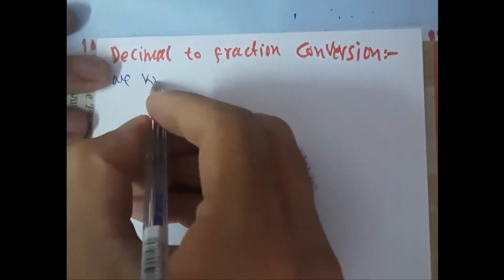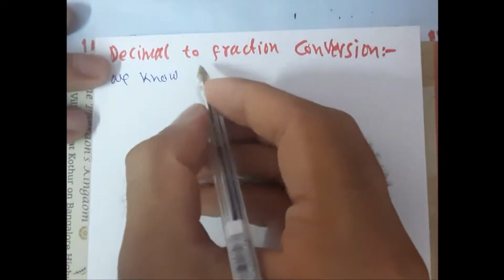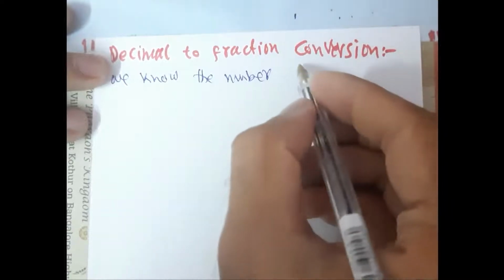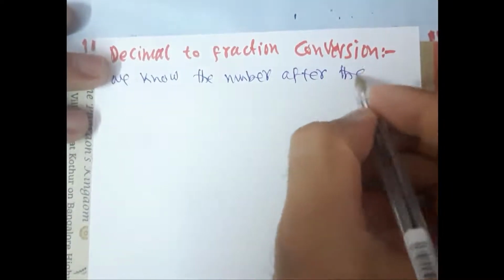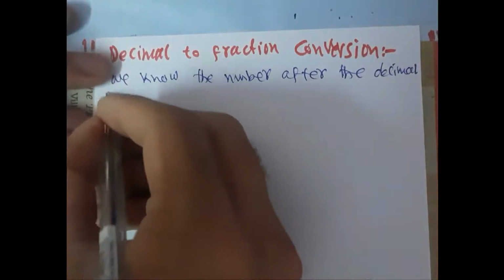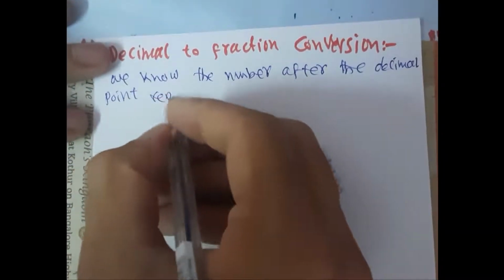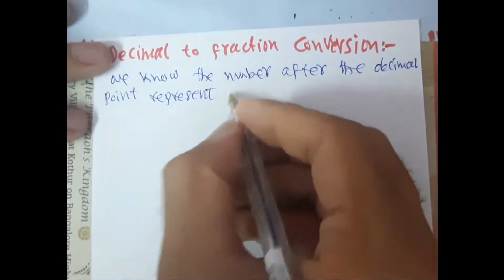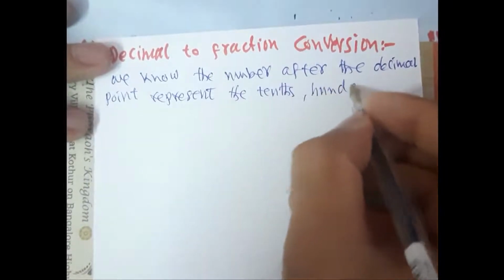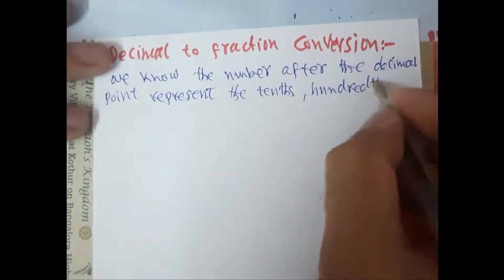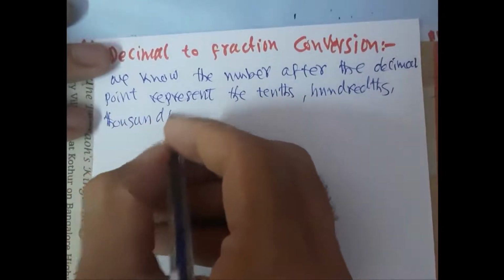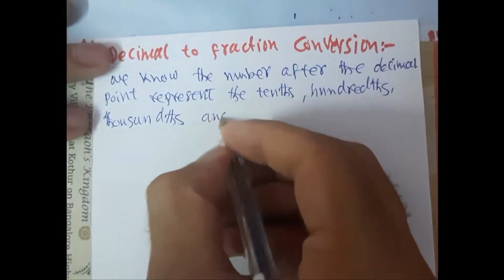We know the numbers after the decimal point represent the tenths, hundredths, thousandths, and so on.